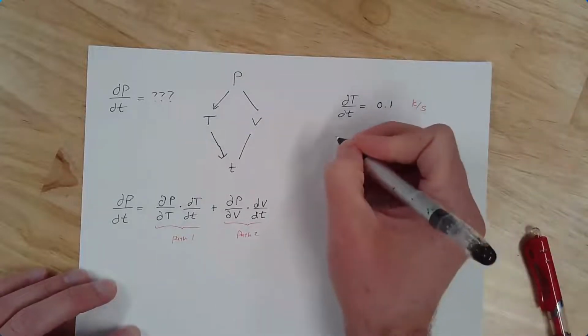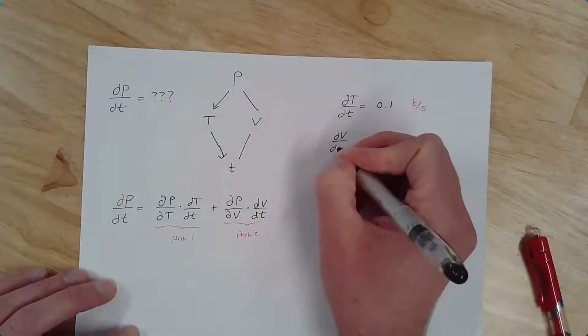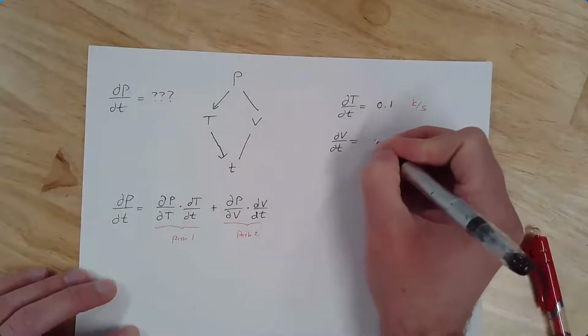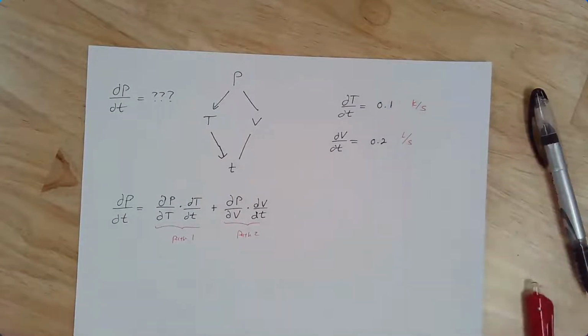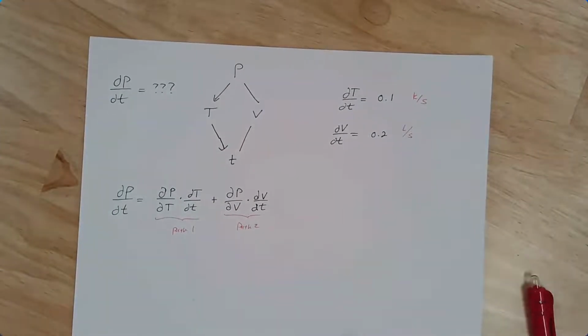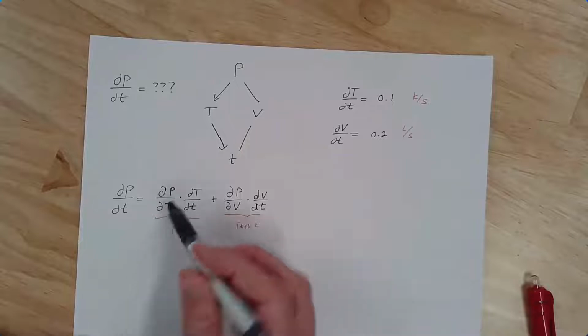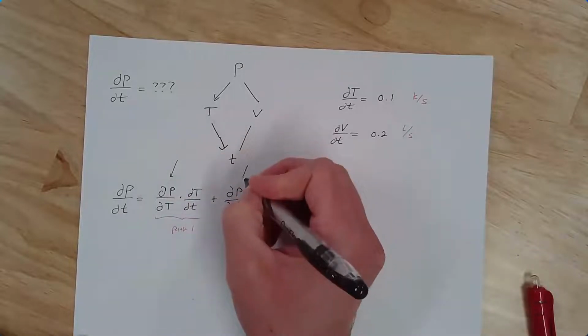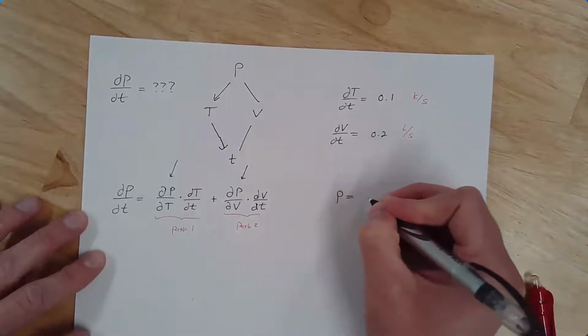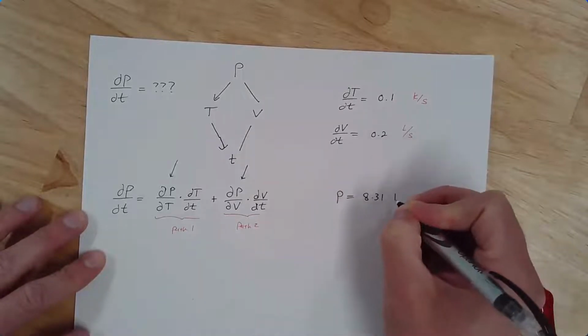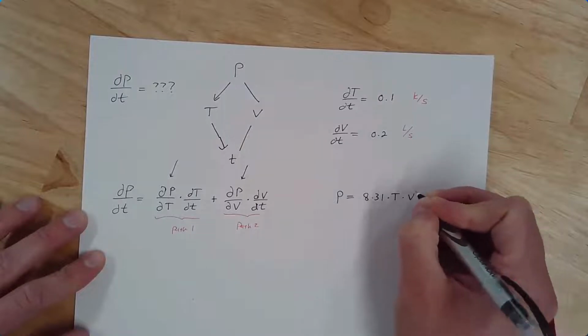I also know that the rate of change of volume is 0.2 liters per second. But I guess I'm going to need to find this thing here and this thing here. Luckily, I know what pressure is as a function of temperature and volume.